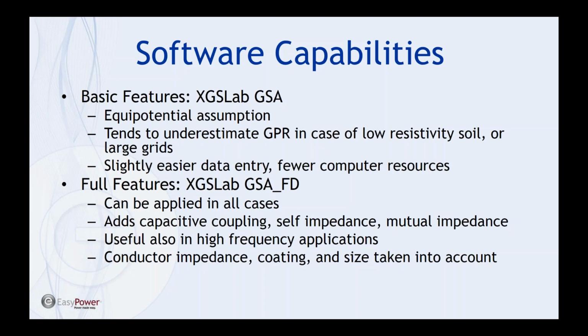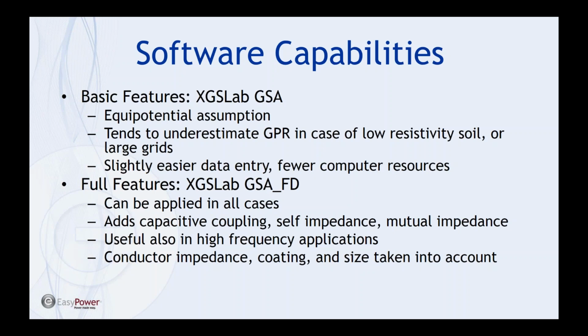Stepping into the next level, what we've termed as starting to be fully featured software is what XGS Lab terms their GSA FD product. FD stands for frequency domain. This is, as I said, the beginning of the fully featured sort of thing. It's similar to the CDEGS MALZ or multi-ground Z module.